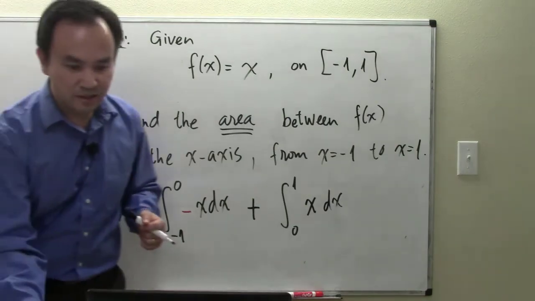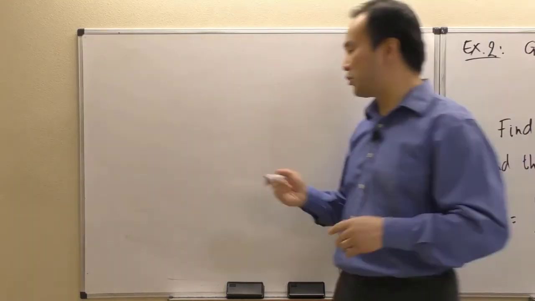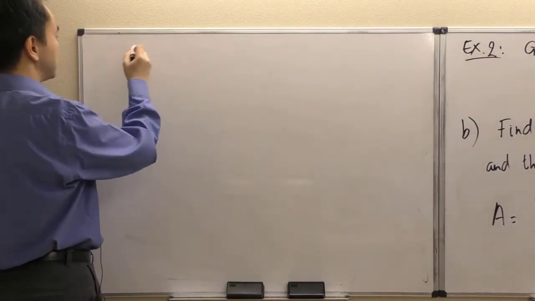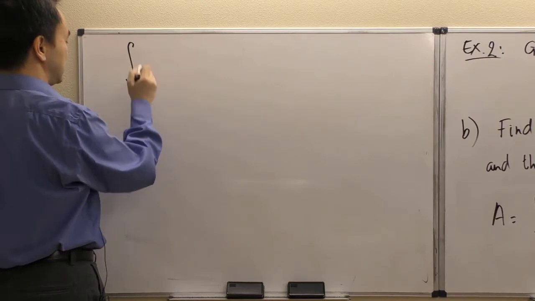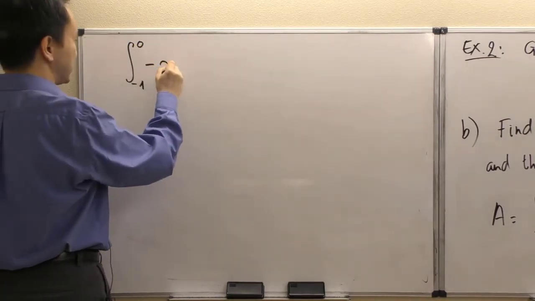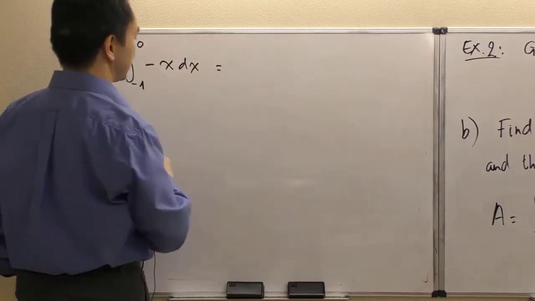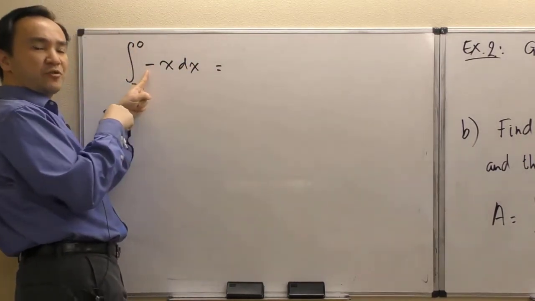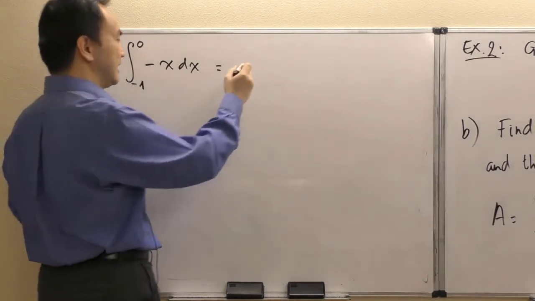All right, now I am going to swing to my other board. We know this separate piece of integral, -1 to 0, of the function -x dx. We can get the answer easily: the negative sign is a coefficient, so think of it as a coefficient of 1 when you get your antiderivative.